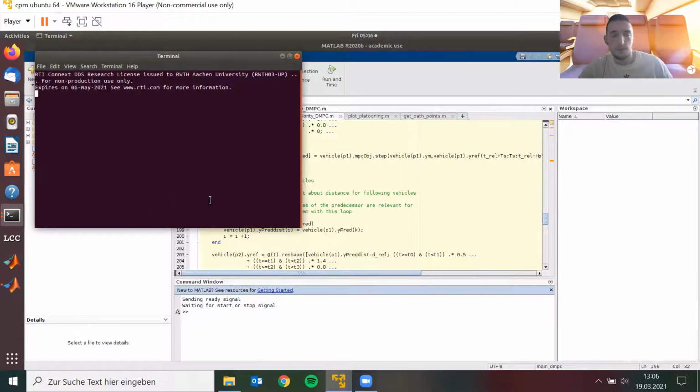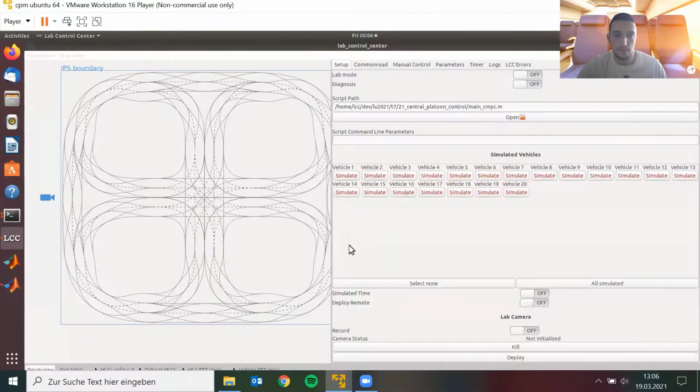So for the idea of the priority changing, maybe I can elaborate on that. It's pretty easy because just the first vehicle, like you already told, has different reference tracking than the vehicles following.